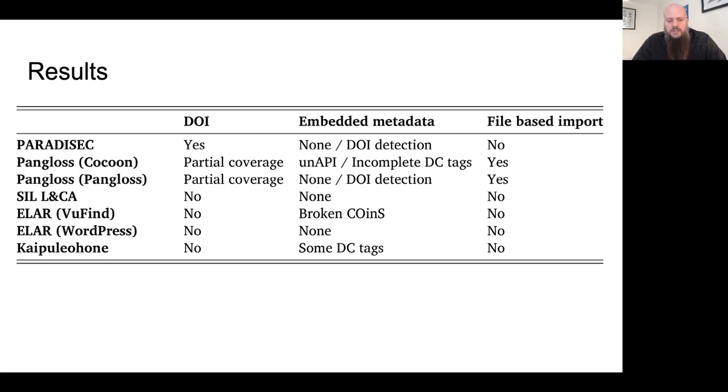The new interface that I was privileged to view doesn't have any of the metadata embedded in it for the rich bibliographic content that is needed for citation and referencing. Now, Kaipuleohone does have metadata tags, the Dublin Core metadata tags.